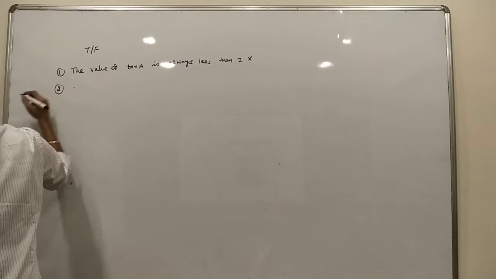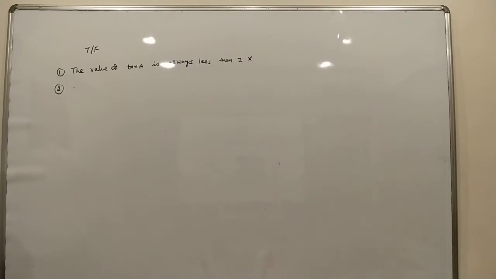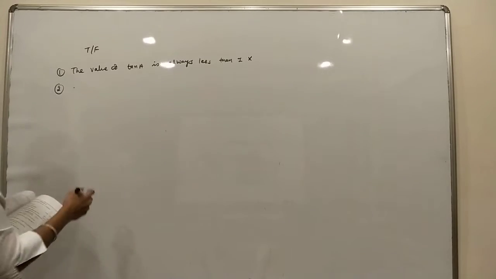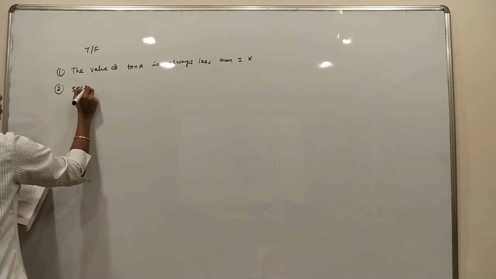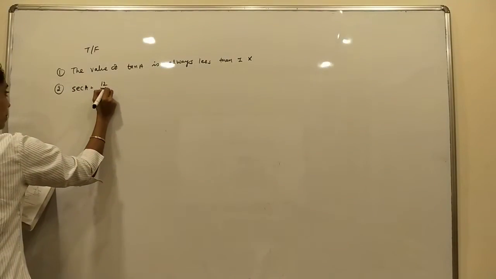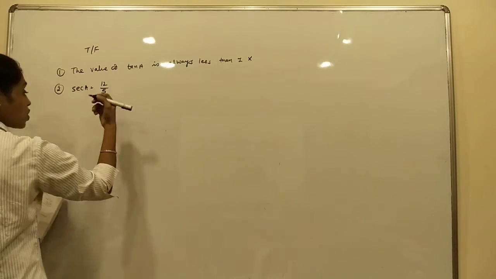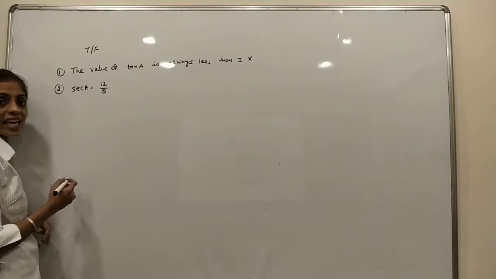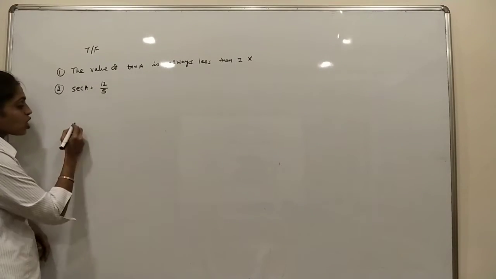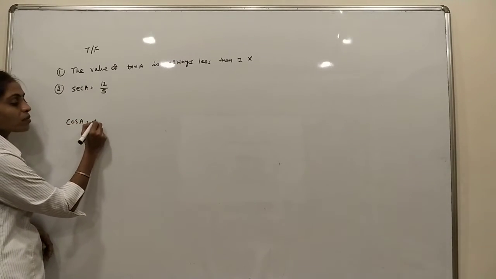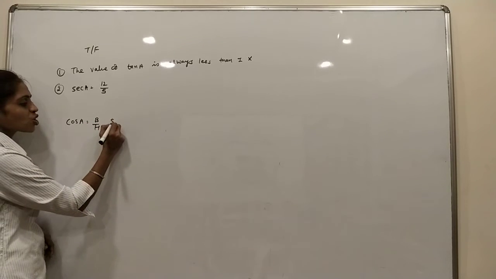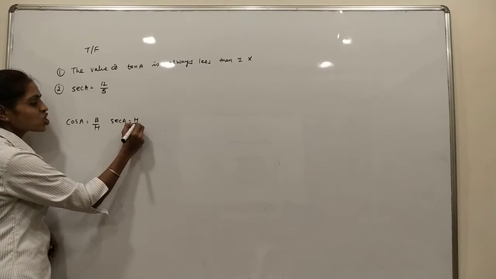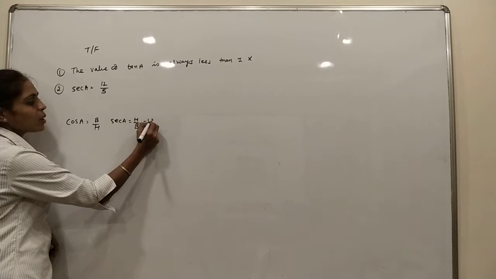Second statement: sec A is 12 by 5 for some angle A. Is it possible? What is sec A? It is the reciprocal of cos. Cos A is B by H, so sec A is H by B. So 12 by 5.